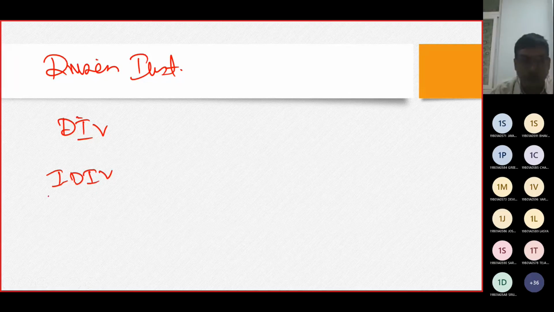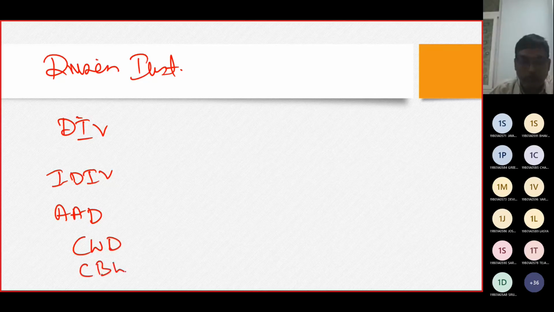Then we have ASCII adjust after division, followed by convert word to double word, and convert byte to word. So these are the 5 commands which are part of the division instructions.